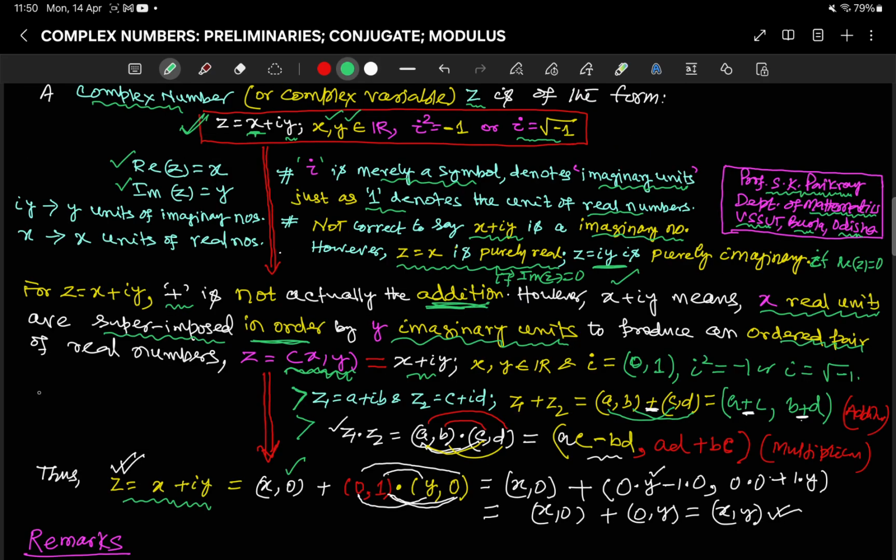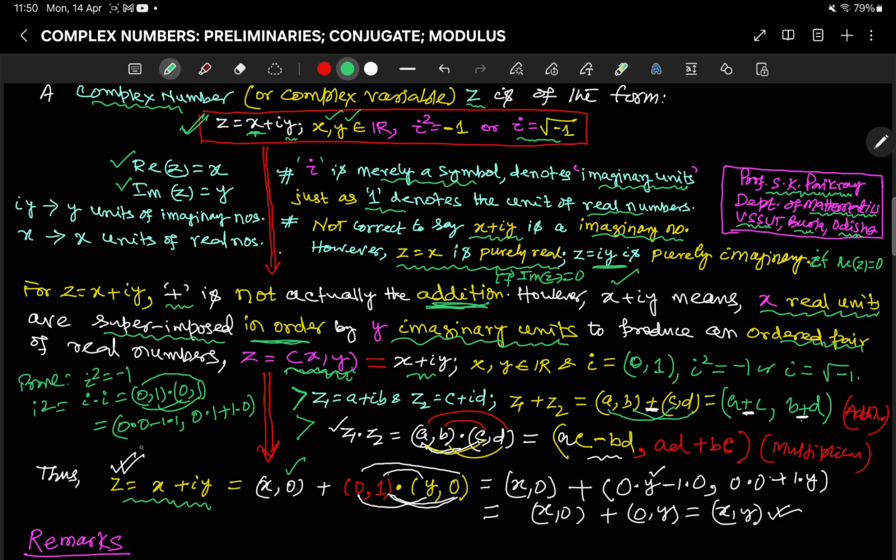Suppose I ask you to prove i square is equal to minus 1. How to prove it? i square is i into i. Here i is (0, 1), and it is the multiplication of the complex numbers (0, 1) into (0, 1). So it is 0 into 0 minus 1 into 1, comma, 0 into 1 plus 1 into 0.